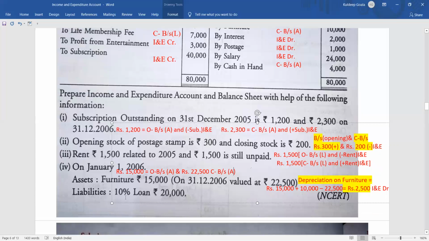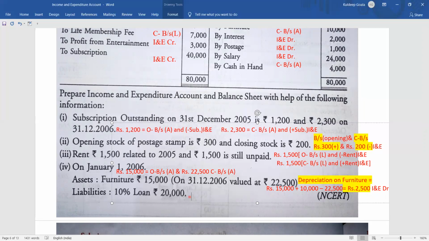Now coming to the last part, that is liabilities of 10% loan. The 10% loan was 20,000. There will be a totally different treatment here, because this loan amount mentions 10%, which is the interest rate. So there are some special things to do.